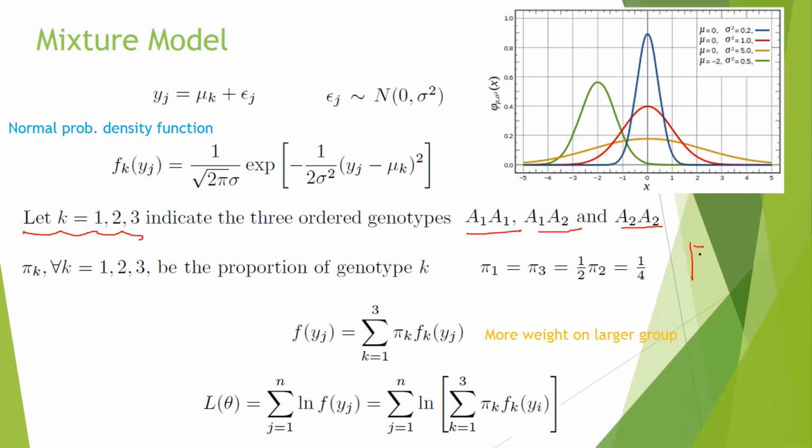Because this is an F2 population, and we assume this locus follows the Mendelian segregation pattern, we have this information: the proportion for the first genotype equals the proportion for the third genotype, equal to 1/4, and the proportion for the second genotype equals 1/2. Is that correct? Any questions here?